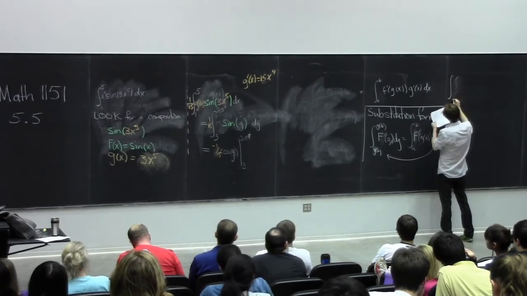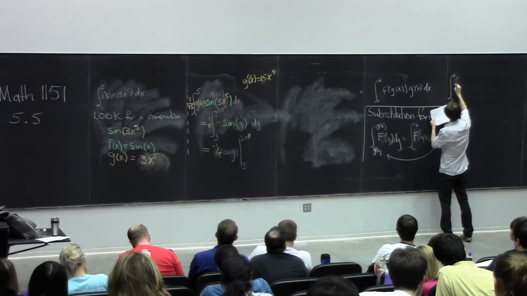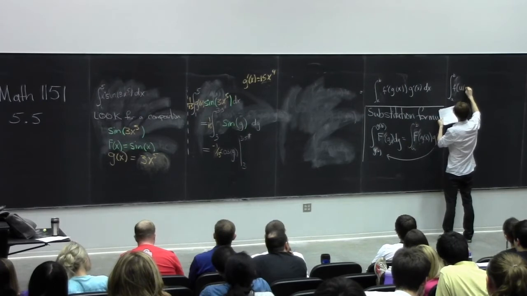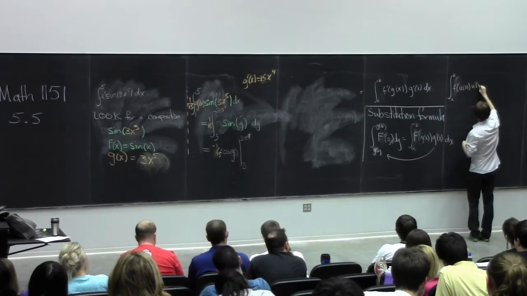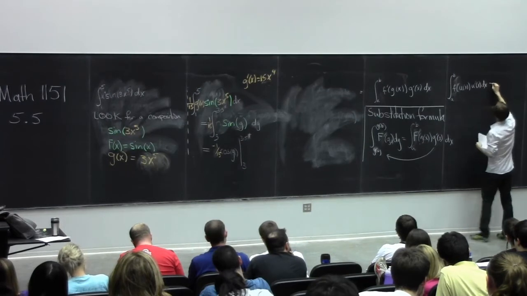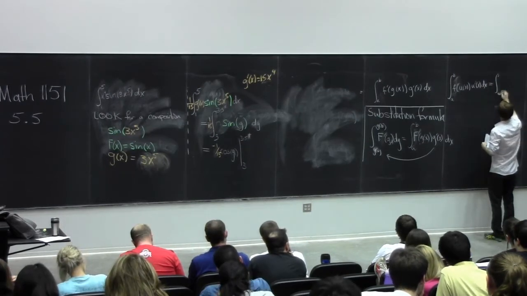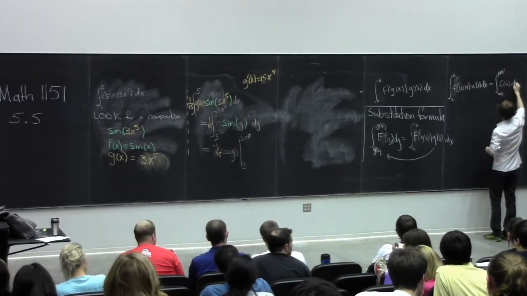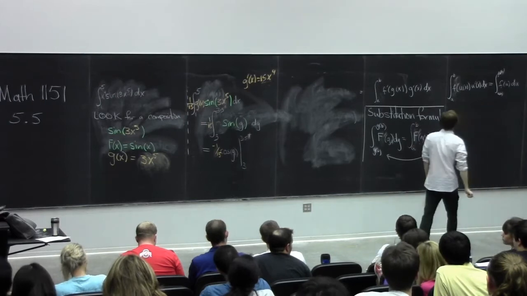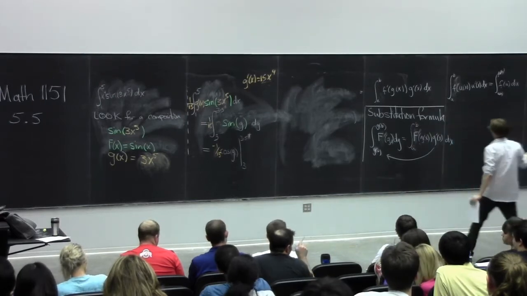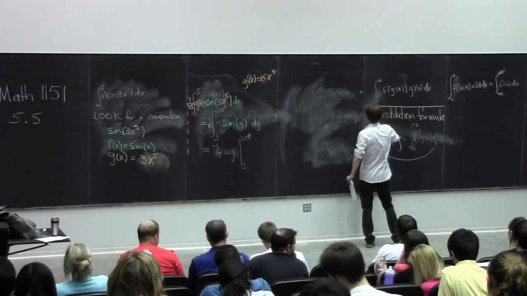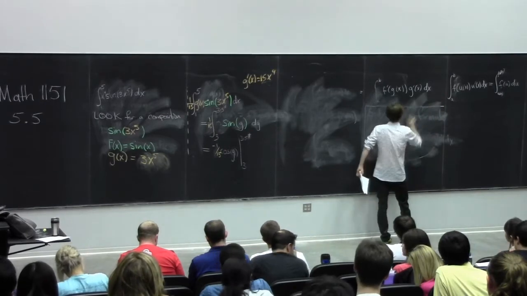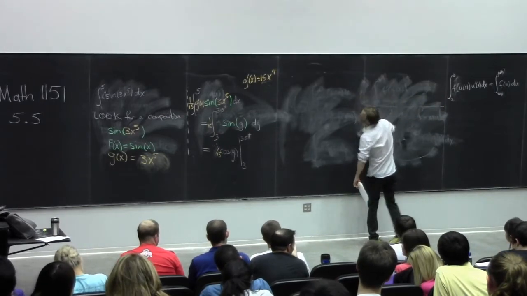Remember, the letters don't make any difference: a to b, whatever. u of a, u of b. So there's our basic formula. Erase this.